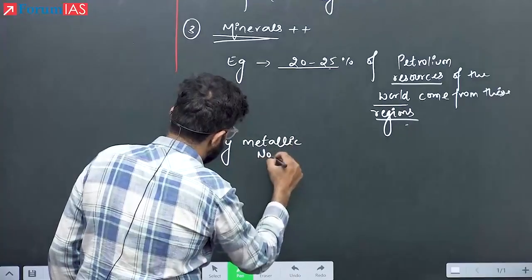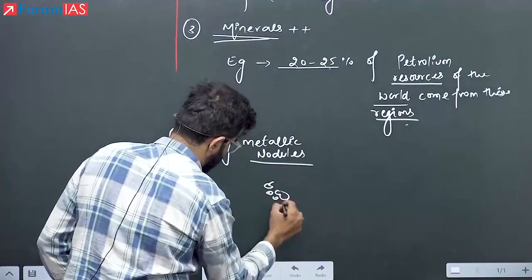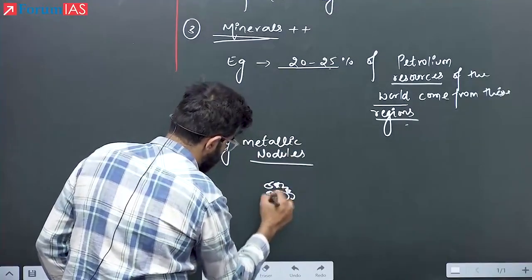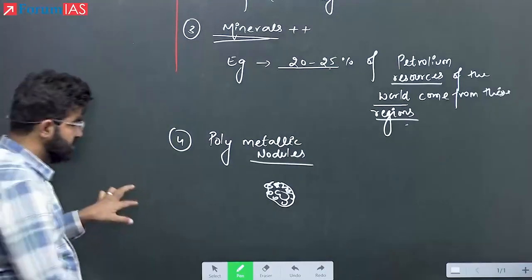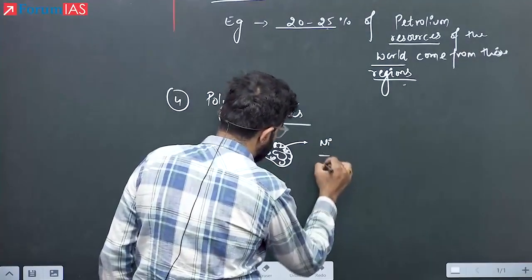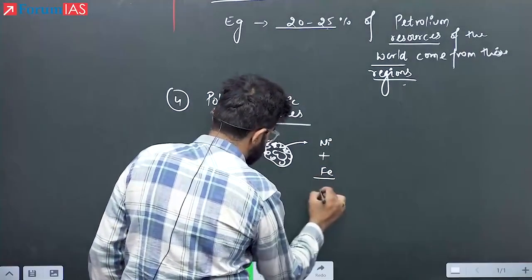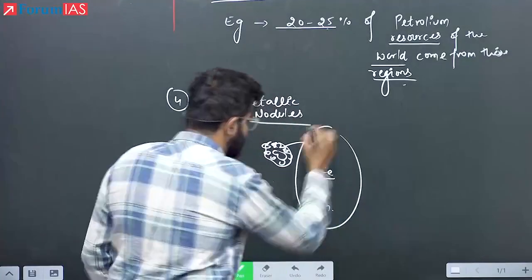What are polymetallic nodules? For example, this would be a nodule in which some of the metals would be found in combination. Especially we are interested here in nickel, ferrous, and manganese, Mn. So these can be found in a lump.